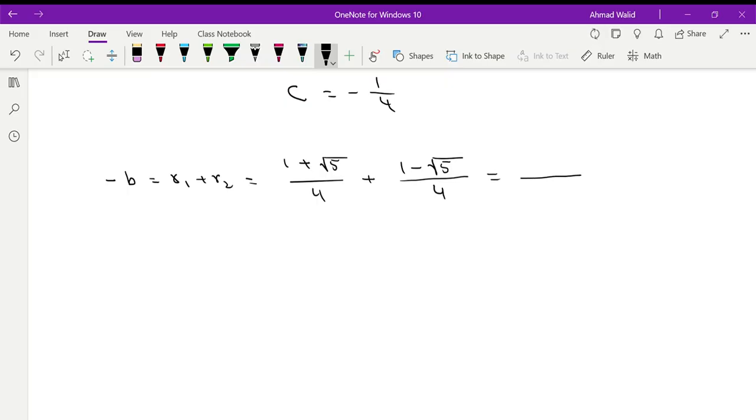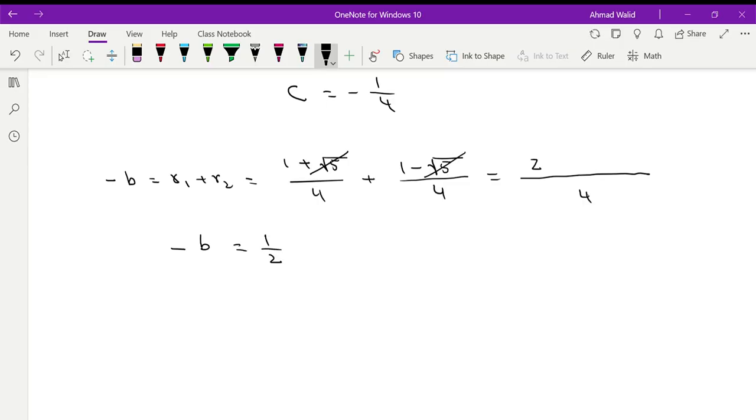Keep 4 and add. 1 plus 1 gives you 2. Positive square root of 5 cancels out with negative square root of 5. It means you will end up with 2 over 4. It means your negative b equals 1/2.